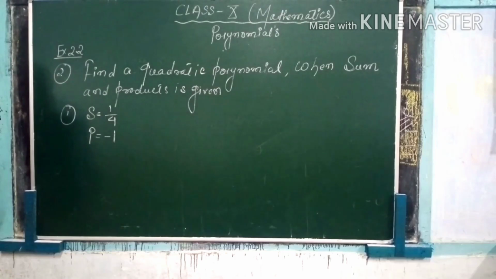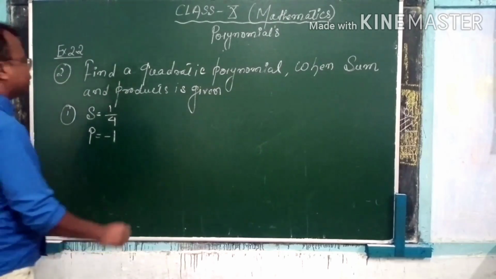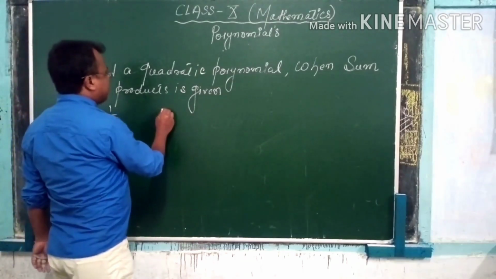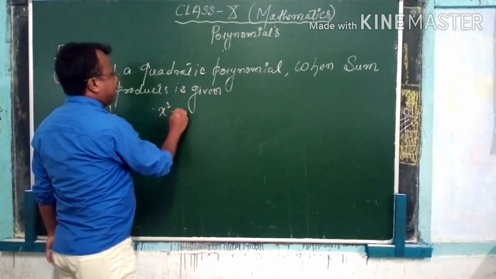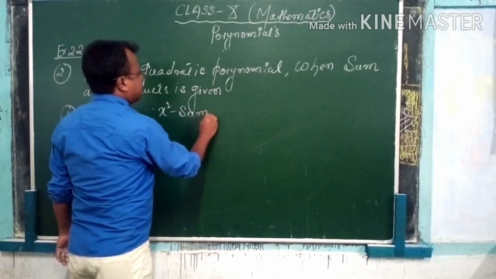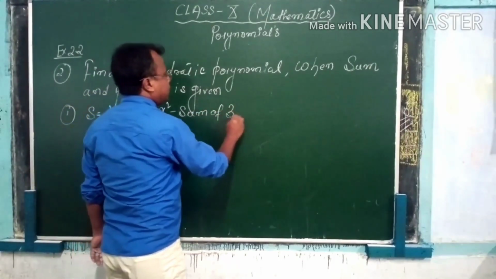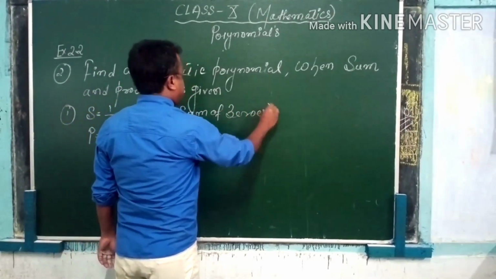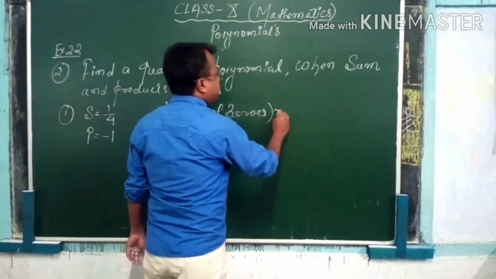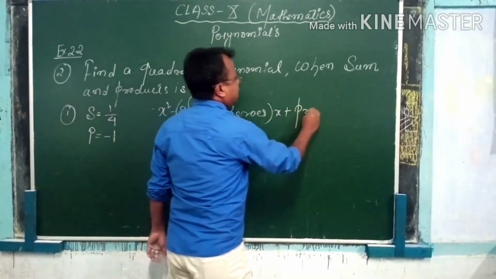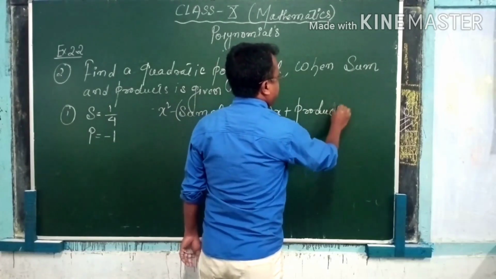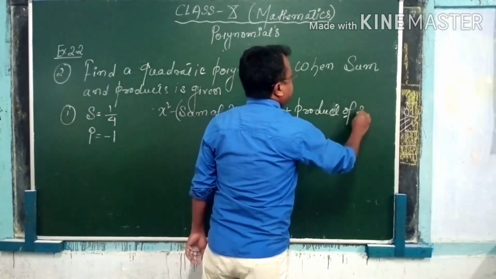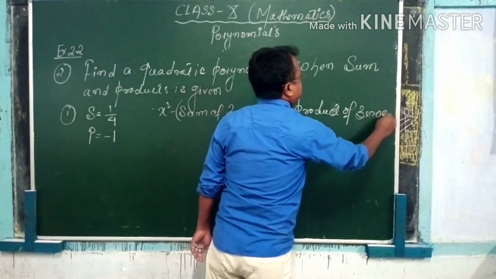Okay, so now how can we find it? You know already, I told you in my last class how to form a quadratic polynomial. x squared minus (sum of zeros) x plus product of zeros.